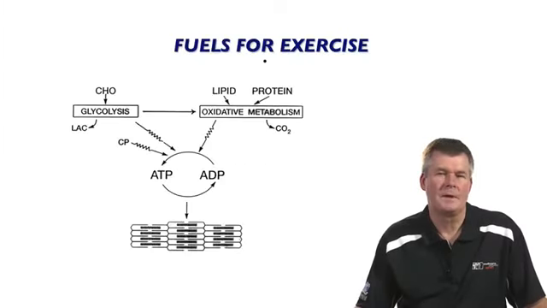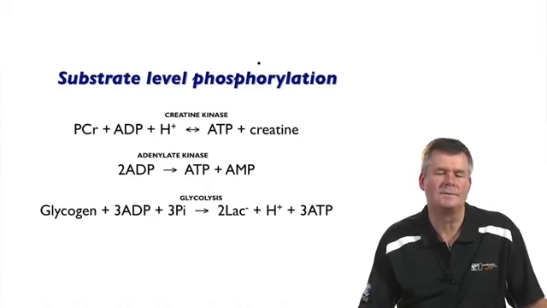ATP. Traditionally, we refer to them as the anaerobic energy systems, or substrate level phosphorylation that's not dependent on oxygen. The other pathway is oxidative metabolism, or oxidative phosphorylation, where ATP is generated in the presence of oxygen following the breakdown of carbohydrate and fat primarily. Proteins, under certain circumstances, can be utilized, but in most, creatine kinase.